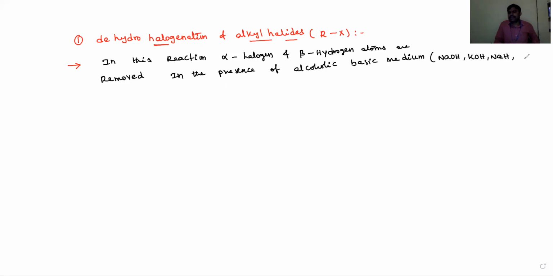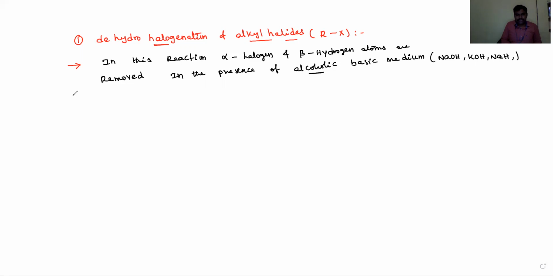These are the important bases. That base we must take in an alcoholic medium only. If used in aqueous medium, that base acts as a nucleophile. If an alcoholic medium is used, it acts as a dehydrohalogenating agent.